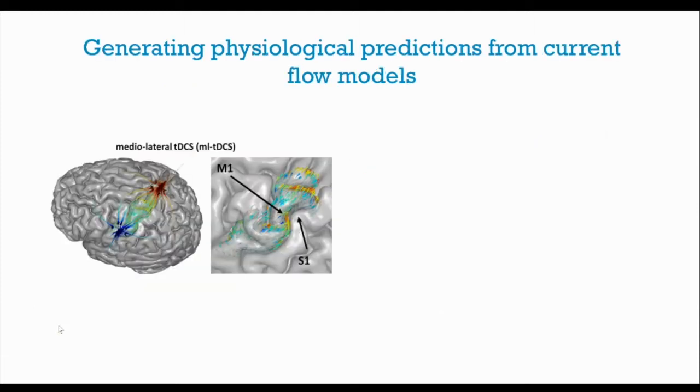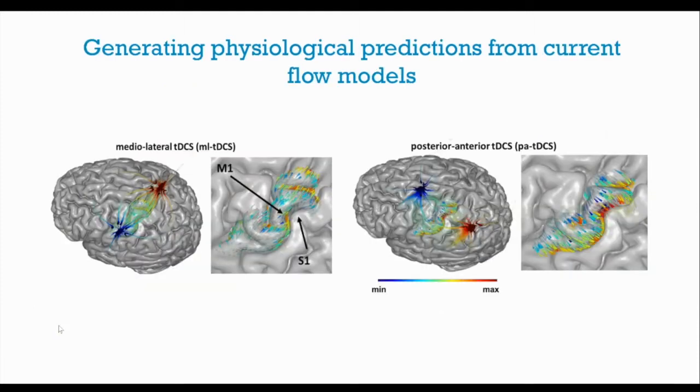Going one step further, we can use these kinds of models, again, perhaps in individuals initially, to generate some new predictions about what type of montage may have a certain physiological effect. This is work done in the lab a while back in collaboration with Maren Bixen and John Rothwell.